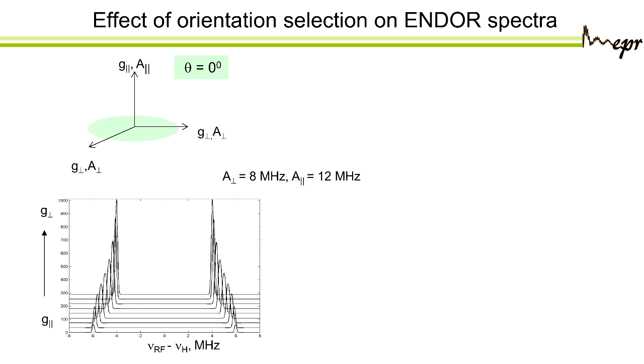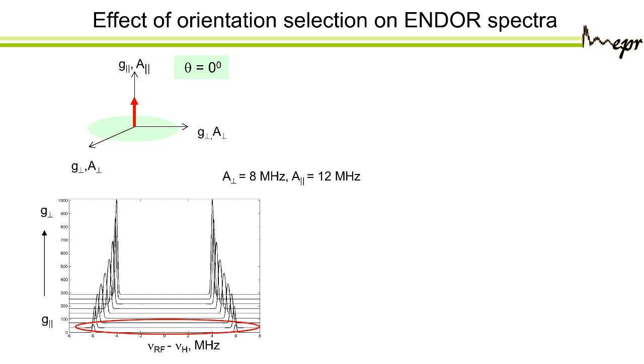So now we have an example where the A and the g coincide. Okay, so now if I put my field along g parallel, then I will also measure A parallel. So this is a simulation which gives us the ENDOR spectrum as a function of position within the spectrum, and these are the parameters of this proton.